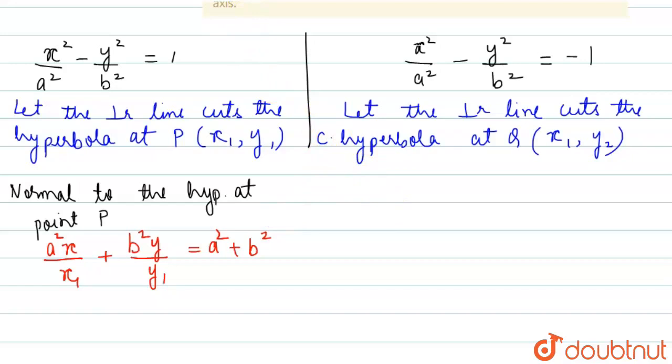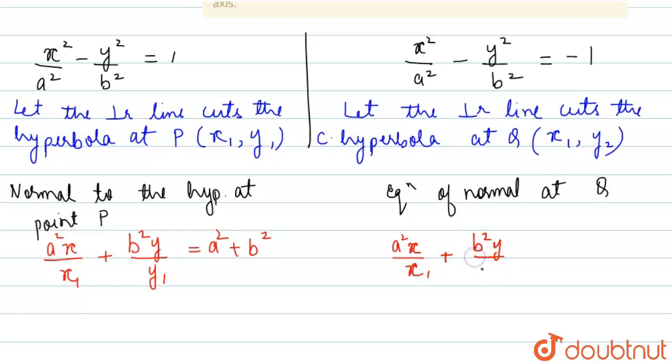And at point Q, the equation of the normal is a square x upon x1 plus b square y upon y2 equals a square plus b square.